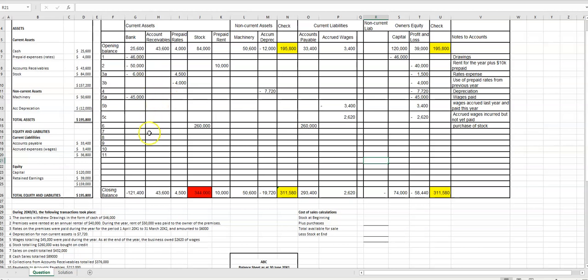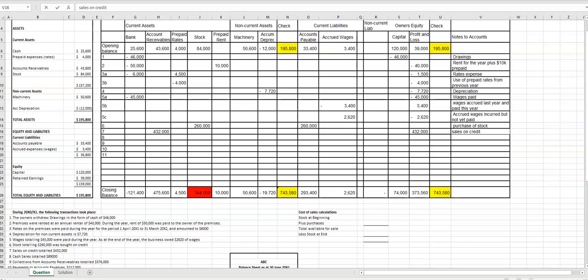So our accounts receivable is going to increase by 432,000, and because it's a sales and therefore revenue, it's going to increase our profit. So that's going to increase by 432,000 as well. And I'm just going to put sales on credit. So that one's a nice, quick and easy one.